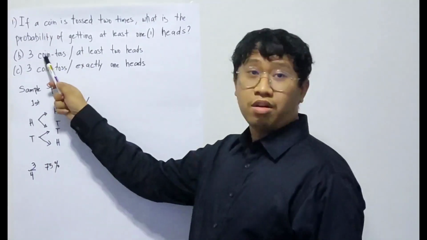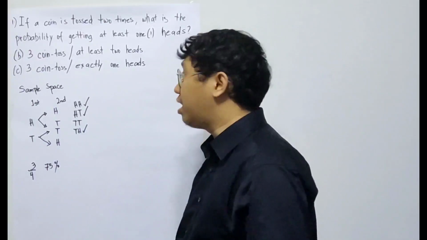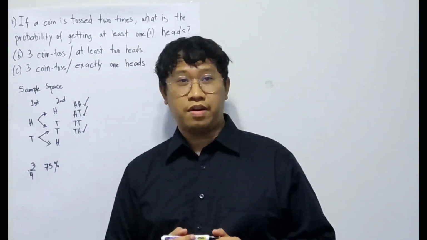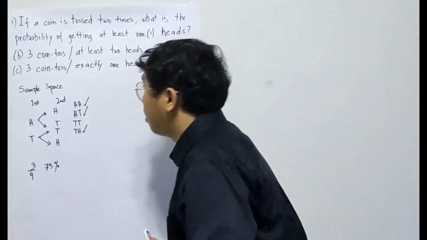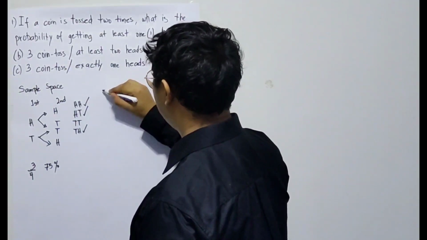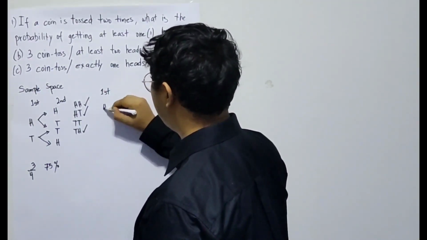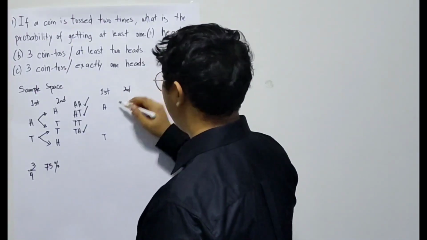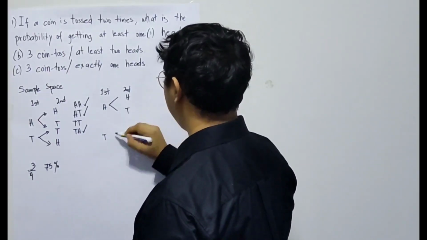But if the coin is tossed 3 times, what is the probability of getting at least 2 heads? So let me first identify all possible outcomes in our sample space. In the first toss, we get heads and tails. For the second toss, we get another heads and tails.